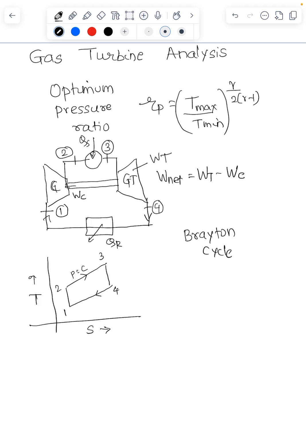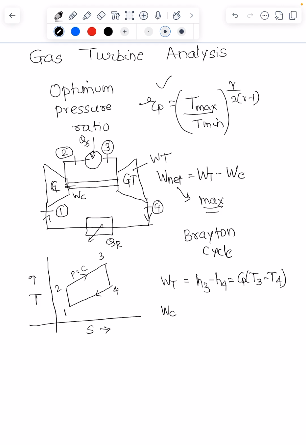So I want to find the pressure ratio which gives me the maximum work output from this gas turbine power plant. For that, I first write the expression of turbine work and the expression for compressor work. The turbine work would be equal to the enthalpy difference H3 minus H4, which is Cp (T3 minus T4).